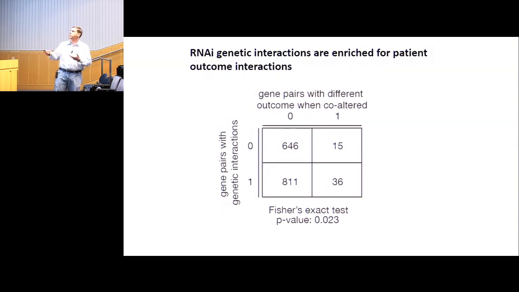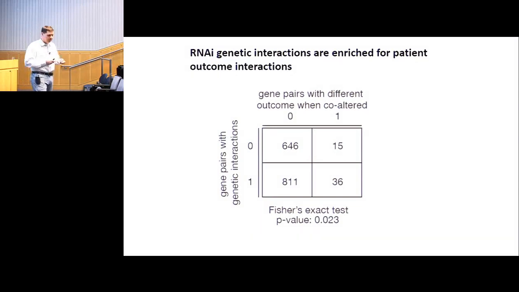And what we see is there is a significant difference. It's still a small sample size, and we need to expand to the entire TCGA atlas, and we want to do more of this kind of thing. But it's looking like it may be significant when we look across all the data.